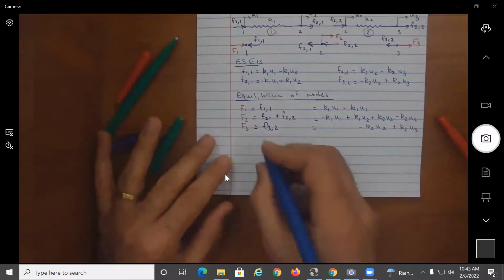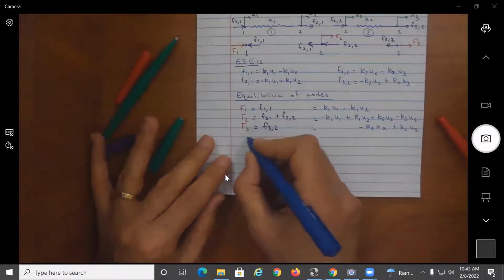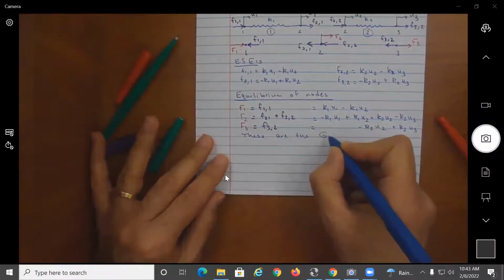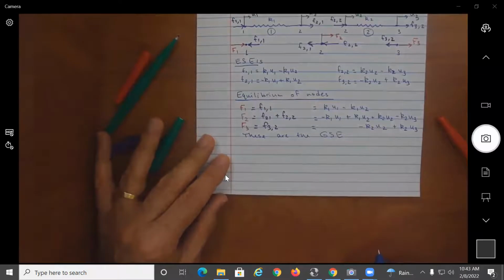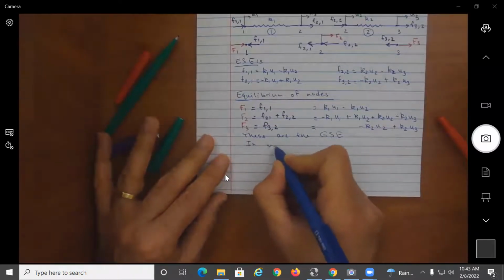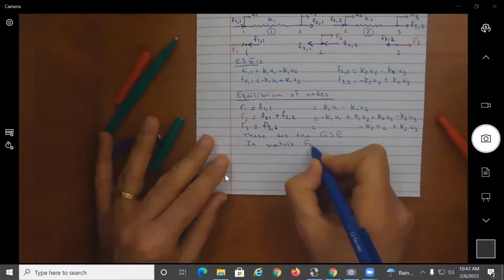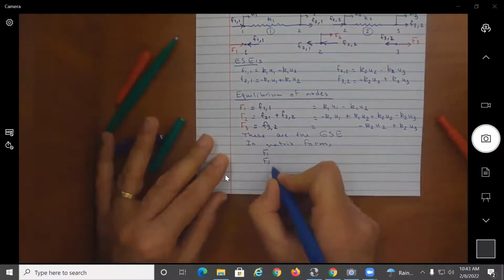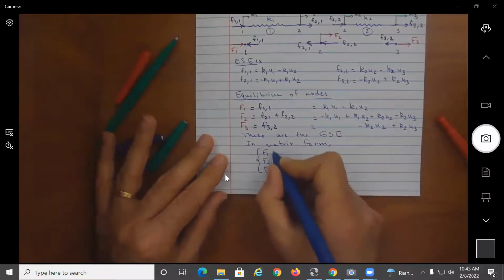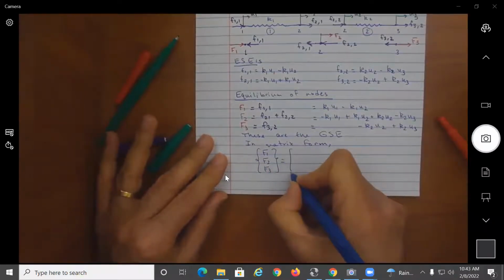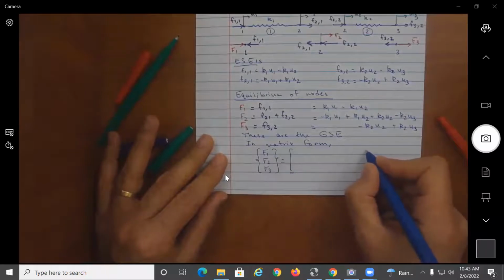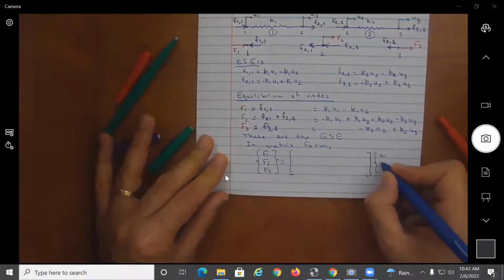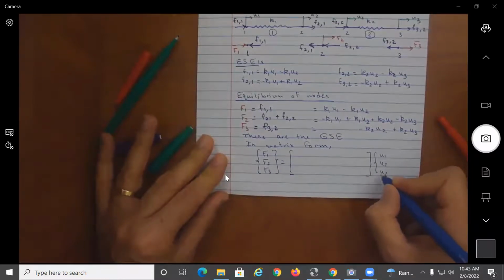So these are the global stiffness equations that in matrix form we can write as F1, F2, F3 equals to this global stiffness matrix multiplied by U1, U2, and U3.